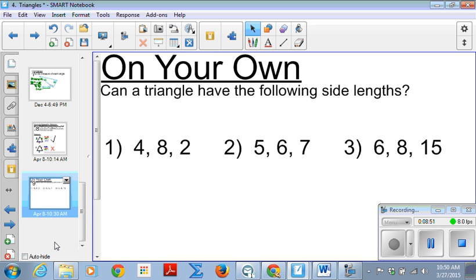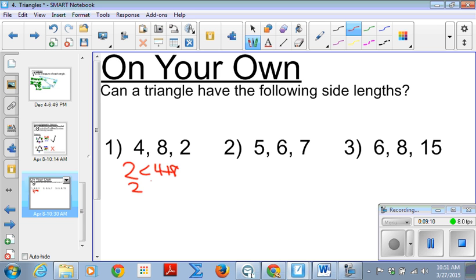So I'm saying on your own. You may want to watch one with me to see how it goes. If you want to stop it and try it out, you can. But we're going to test all three possibilities for each triangle. So this first one, I'm going to go ahead and add 4 and 8. So 2 should be less than 4 plus 8. 2 is less than 12, so that one's good.